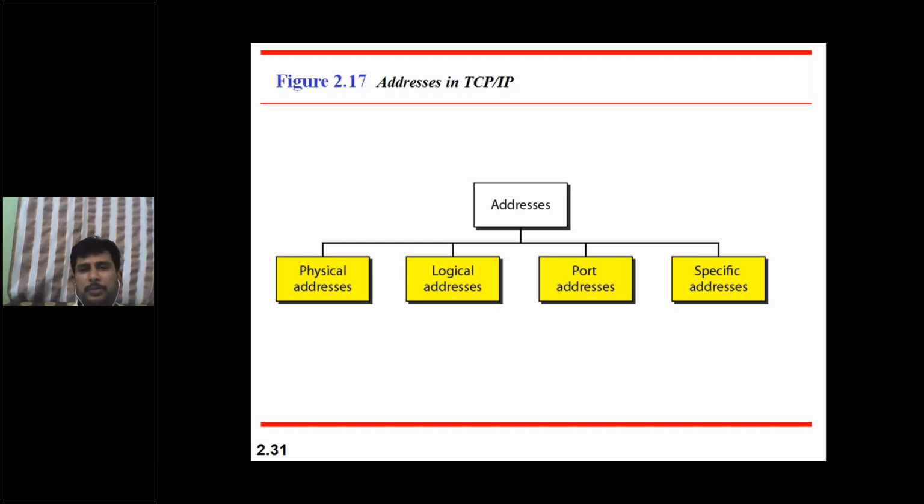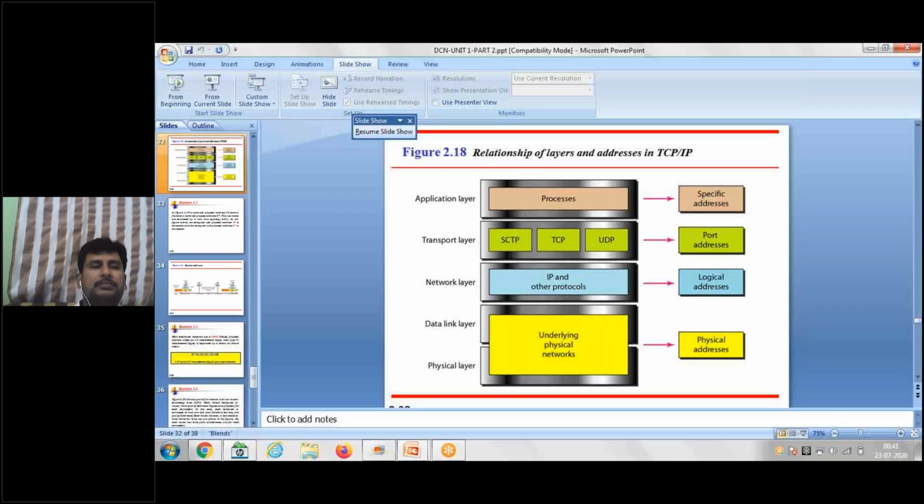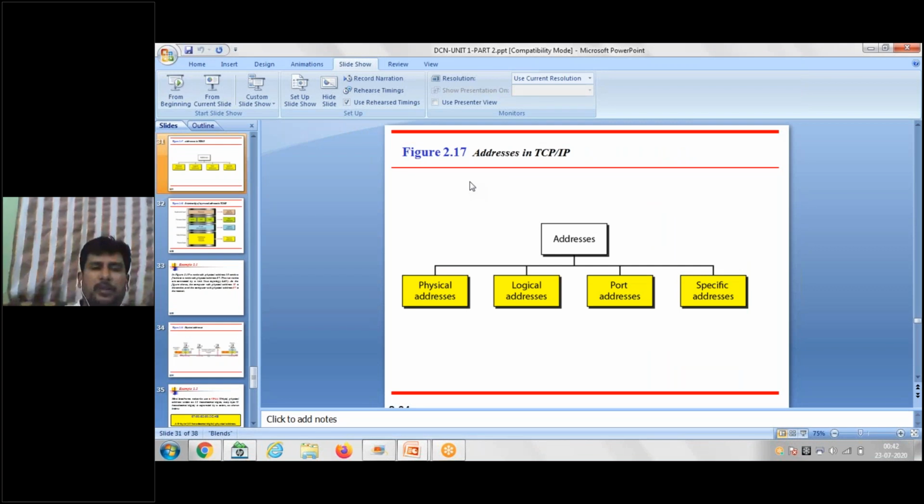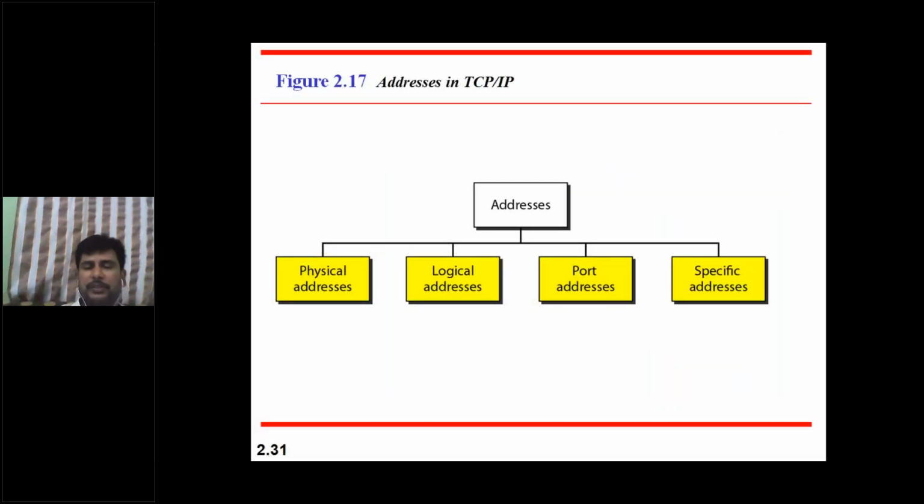If it is for process-to-process delivery, then we use an address called the port address. And if you are referring to a particular domain or website to reach a particular server, we refer to it as a specific address. So these are the different addresses associated with TCP/IP.